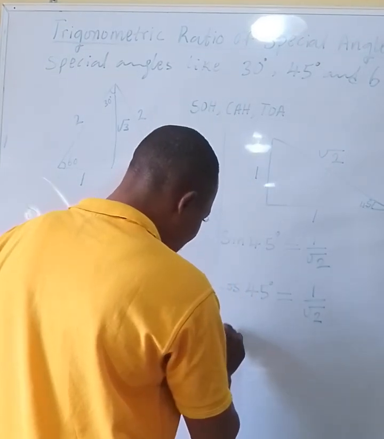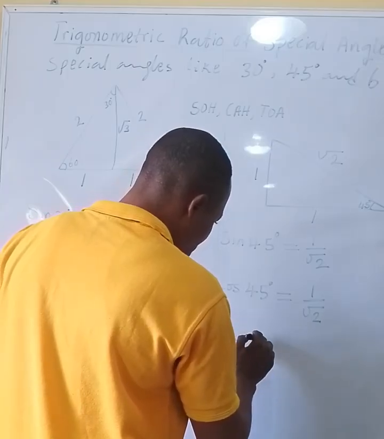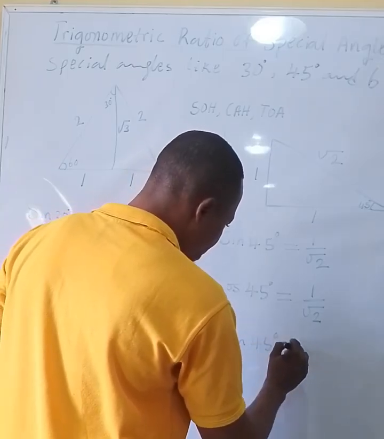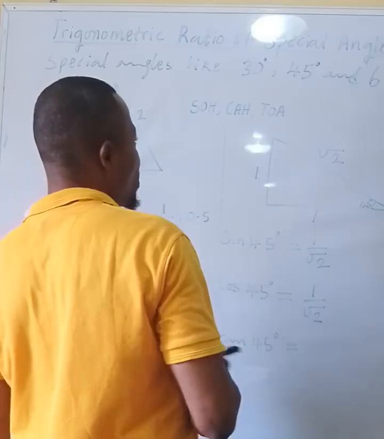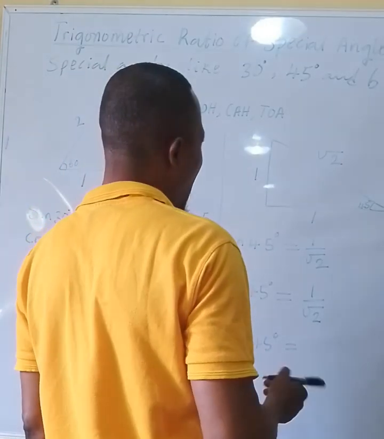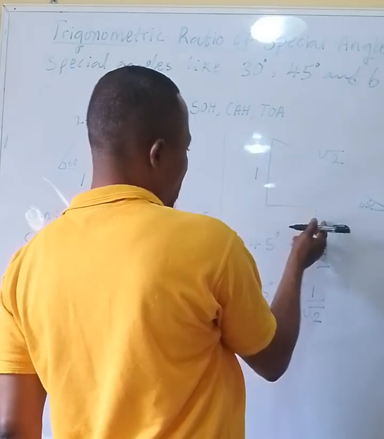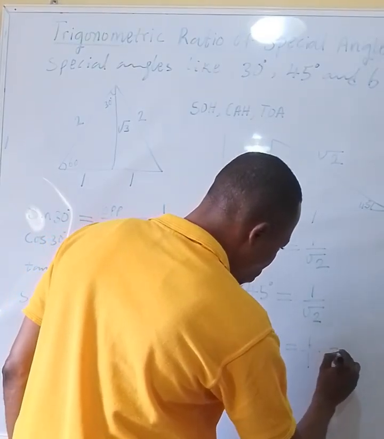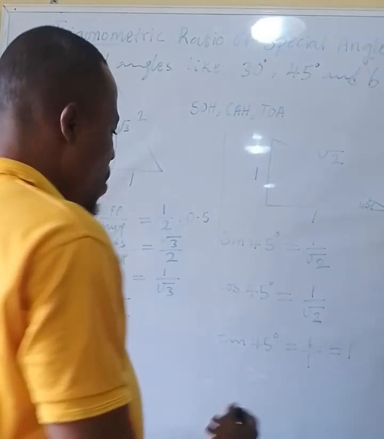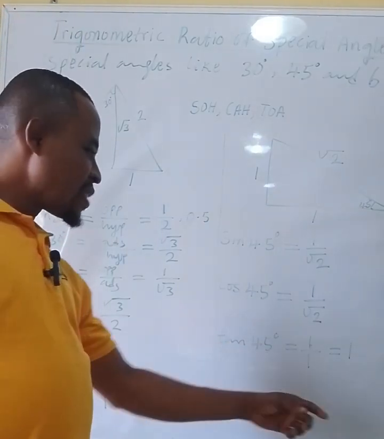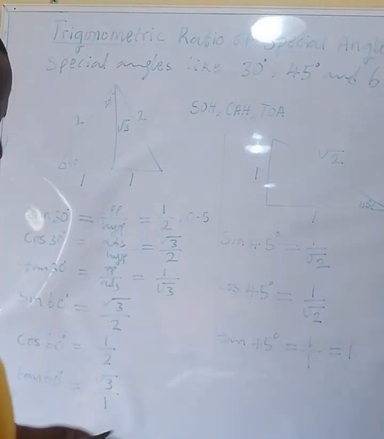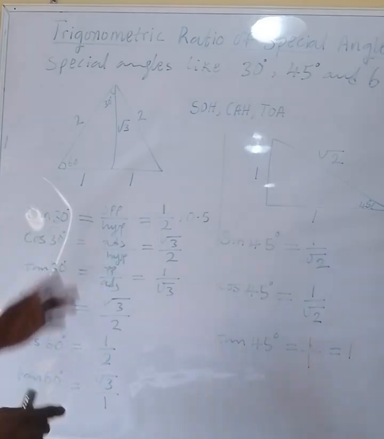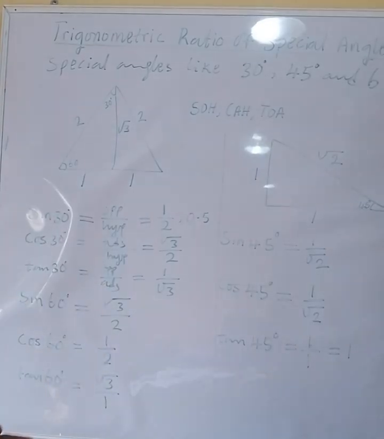Then the last one is tan 45 degree, which is TOA, opposite over adjacent, which is 1 over 1, which equals 1. When you press your calculator, tan 45 degree must give you 1. So that's how to use special angles to solve any mathematical problem they ask us to solve without using calculator.